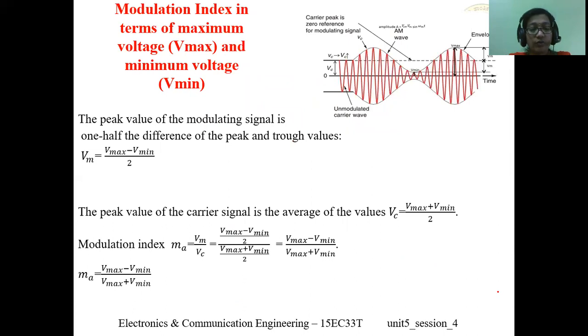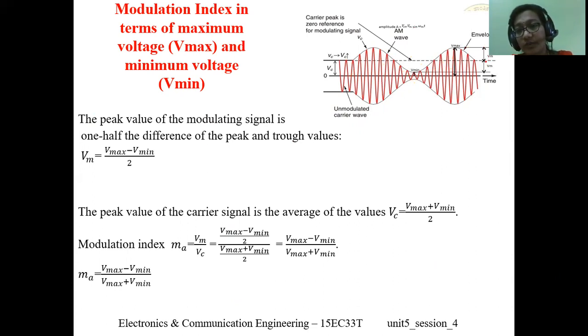So now we'll discuss the modulation index in terms of Vmax and Vmin. In the mathematical waveform, we observed here that Vmax is the maximum amplitude of the amplitude modulated wave, and Vmin is the minimum amplitude of the modulated wave. According to this waveform variation, we can take Vm.